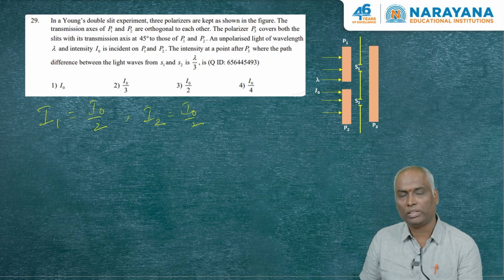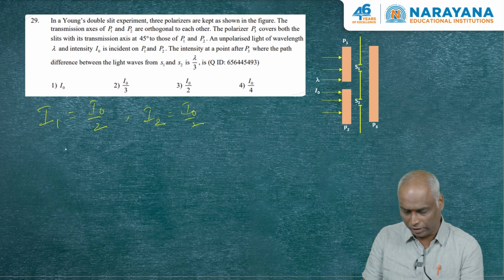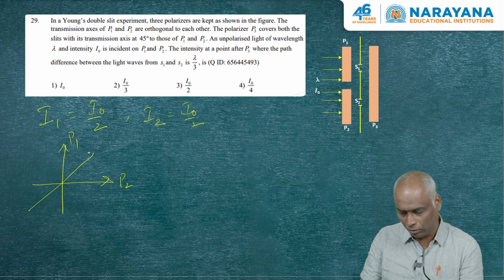After this, the polarized light is passing through the third polarizer P3. It is given very clearly that the transmission axes of the polarizers P1 and P2 are perpendicular to each other, whereas the transmission axis of the polarizer P3 is making an angle of 45 degrees with each of them.